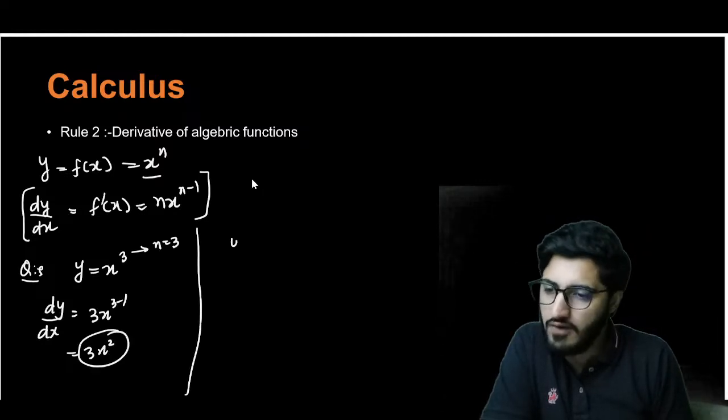Second, if we have y equals 1 by x cube, I can write it as x to the power minus 3. Now my n here is minus 3.